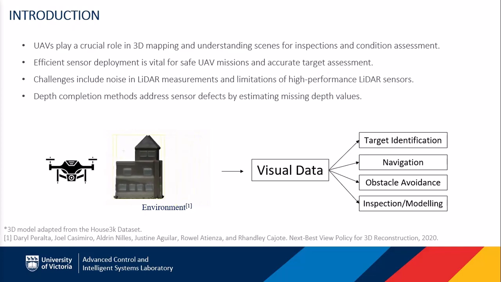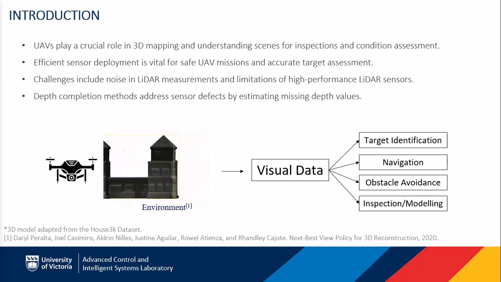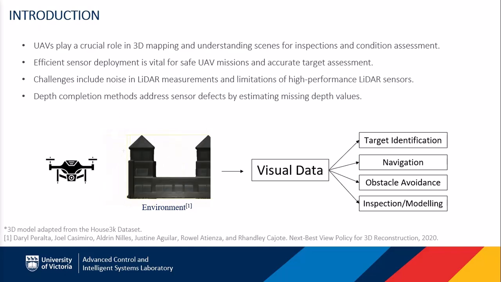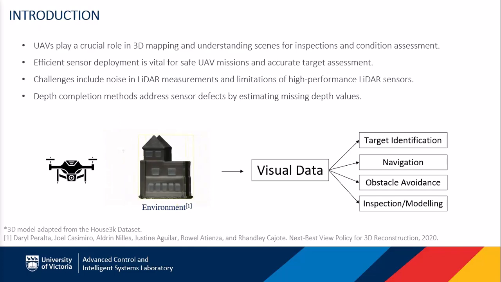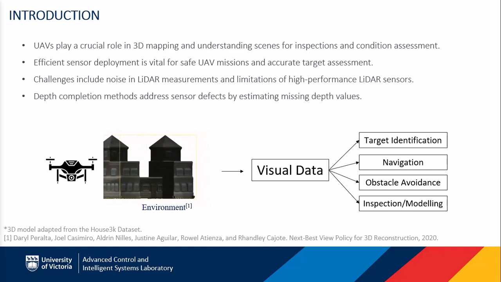One of the essential tasks carried out on board the drone is object detection for navigation, obstacle avoidance, and target identification. Meanwhile, for the 3D modeling purposes of an identified target, dense depth maps are required to achieve high-quality 3D reconstruction results.